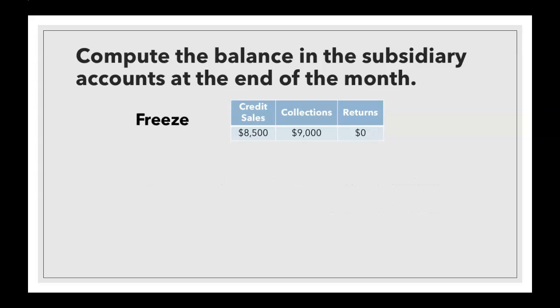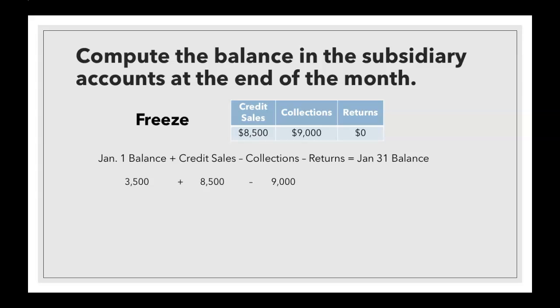Now for Freeze Company, we found that the January 1st balance was that $3,500. We add in the credit sales, subtract out the returns and the collections, and the January 31st balance for Freeze Company will come out to be $3,000.